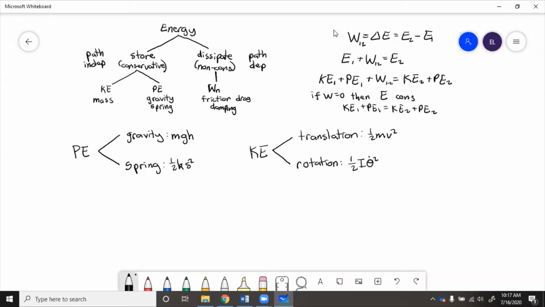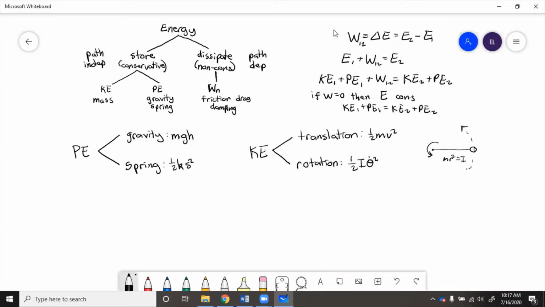But for a particle, if it did have rotational kinetic energy, an example is like, here's the ball, it's on a string, it's going around in a circle. You say it's rotating around this point. Well, then we'd know that the moment of inertia for a particle is just mr squared.